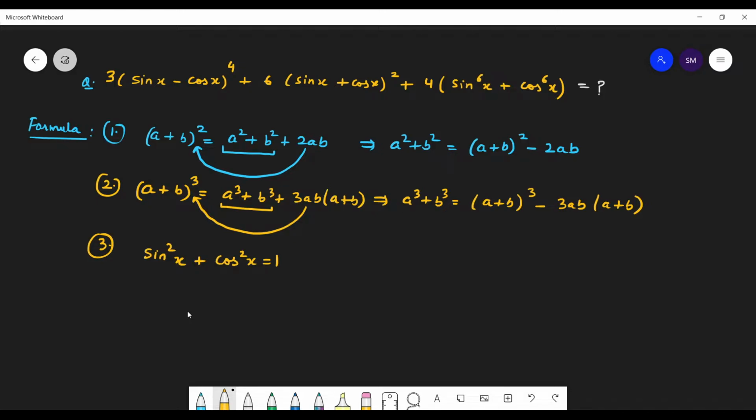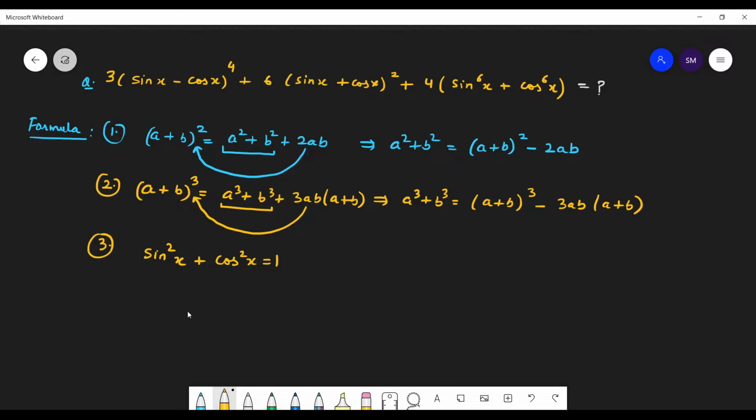So let us write this formula again. If I have a equals to sine x raised to the power 4 plus cos x raised to the power 4. That's the same thing. So what is this equals to?